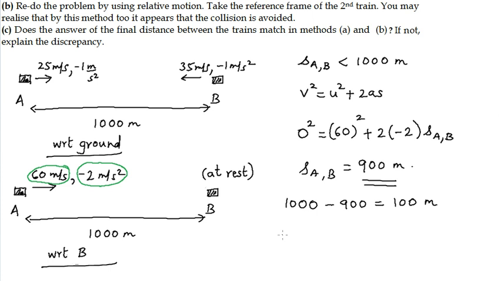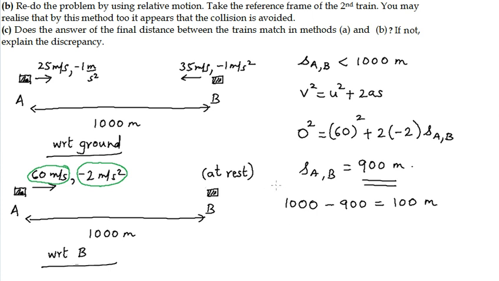Now this is a surprising result because, as we know, distance or length is absolute in Newtonian mechanics or in classical mechanics. We simply cannot have a situation in classical mechanics where the distance between two trains A and B is different as measured by two different observers at the same time.